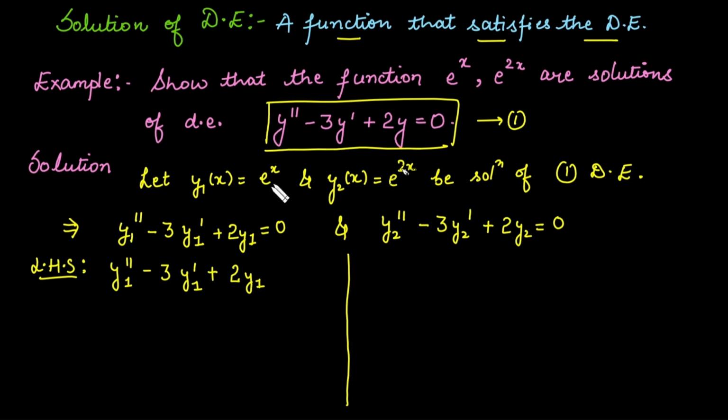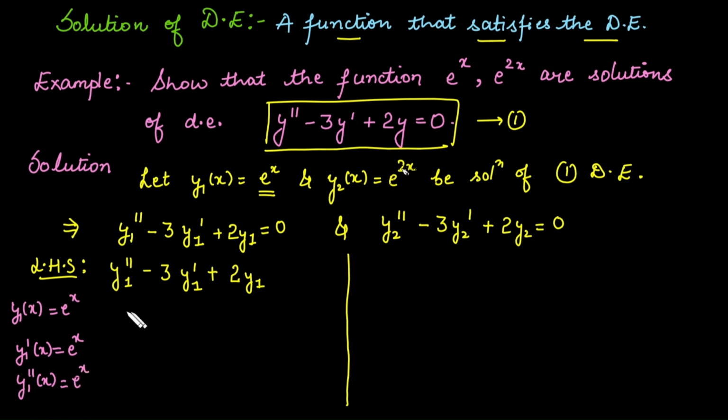Now, the first function we have considered as e raised to power x. So y1(x) is e raised to power x. y1 prime, that is the first order derivative of e raised to power x, is e raised to power x. The second order derivative of this function is again e raised to power x. Substitute these values over here.